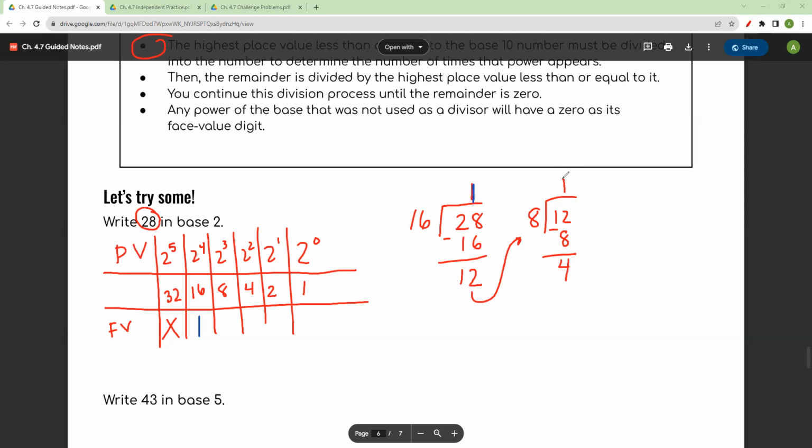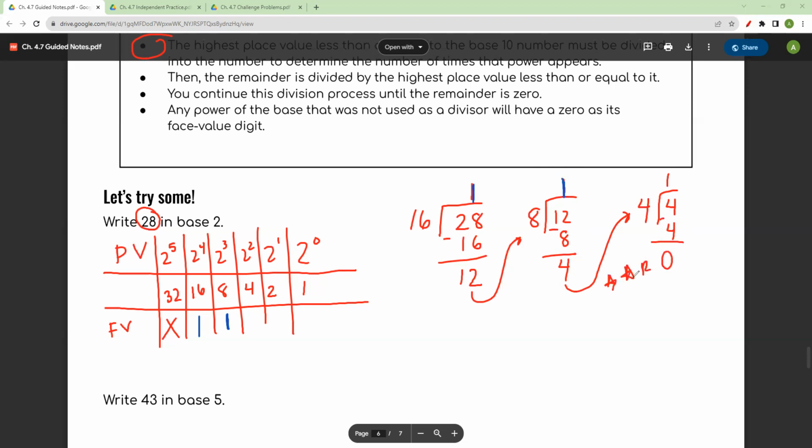So 1 goes here, and we move on to the 4. So then we take our remainder, we bring it up here, and we divide it by the next value. So 4 is our remainder, and we're dividing by 4. 4 goes into 4 once. That's 4. Remainder is 0.